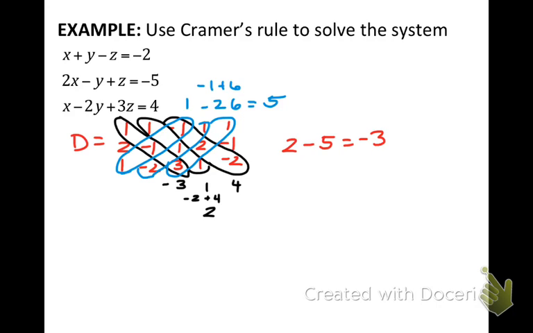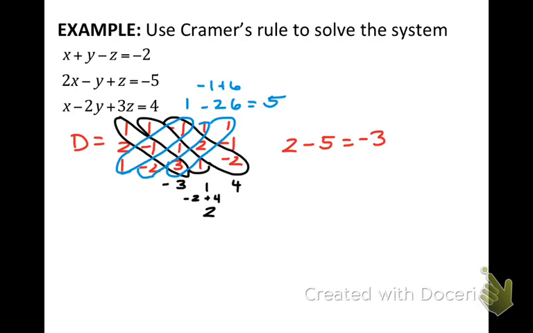All right, so now let's find d of x. So dx starts with our constants, not our coefficients. So negative 2, negative 5, 4. Then I go to our b's, which are our y's.